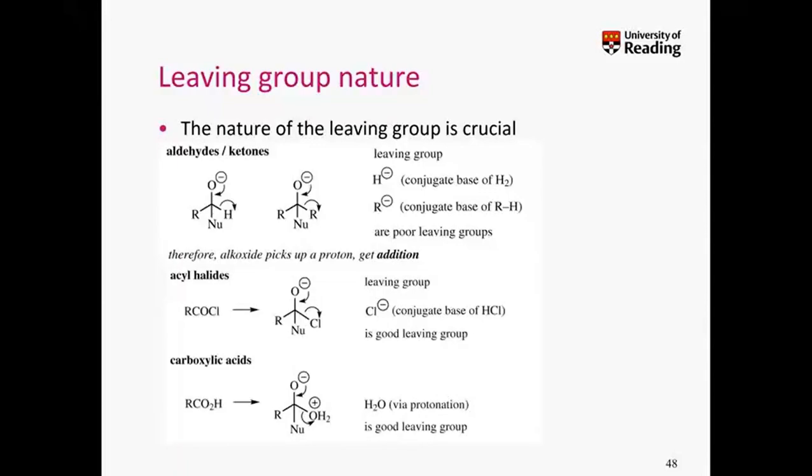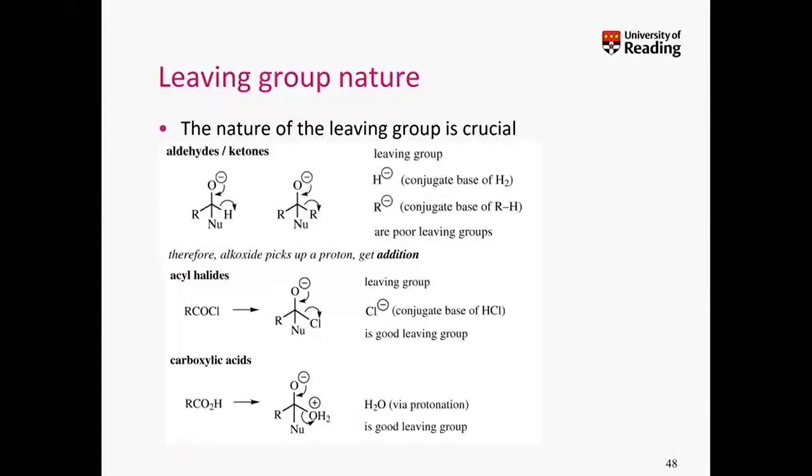When you go to things like acid chlorides or acyl halides, okay, where you've got a chlorine on your carbonyl, Cl- is a fantastic leaving group, and we know that it's a fantastic leaving group. Because if you think of the acid HCl exists as H+ and Cl-. So we know that Cl- is a very good leaving group.